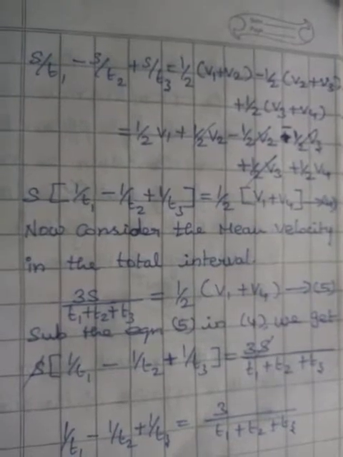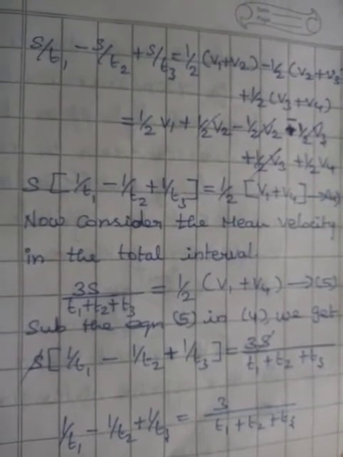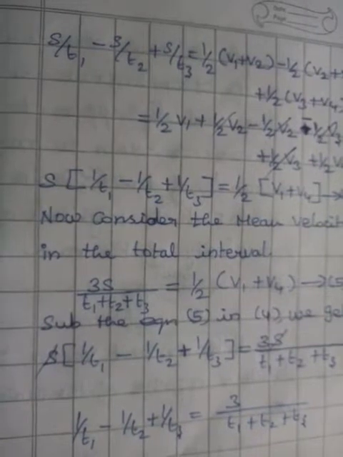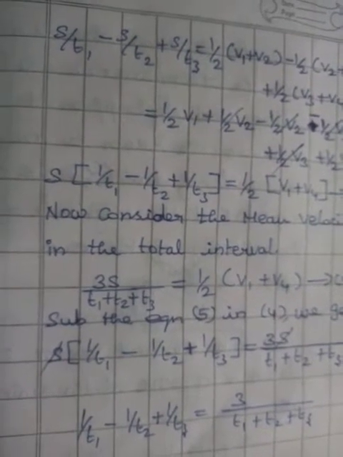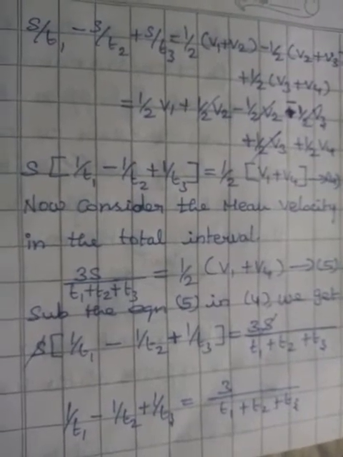This is equation number 4. Now consider the mean velocity over the total interval: 3S divided by (t1 plus t2 plus t3) equals 1/2(v1 plus v4). This is equation number 5.